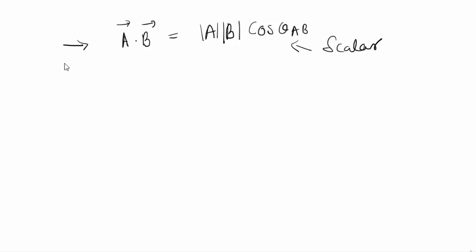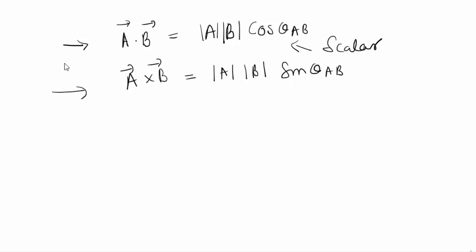And if you have a cross product of two vectors, you can represent it by the magnitude of a, the magnitude of b, and the sine of angle theta between a and b, and there will be a direction which will be perpendicular to the direction of a, when you are moving from a to b.